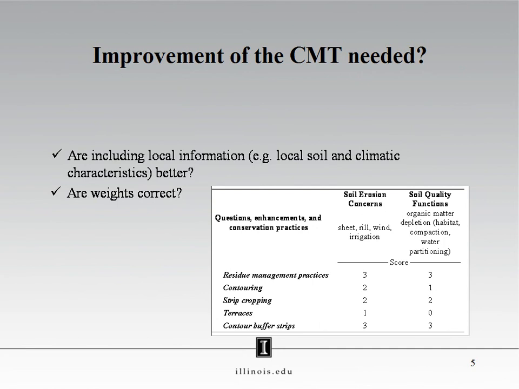In this example, I list 5 different management practices against 2 macro concerns, the erosion concern and soil quality concern, and these are the micro resource concerns. And as you can see, you can see the score for each practice for each micro concern.